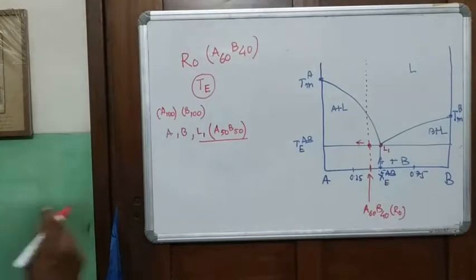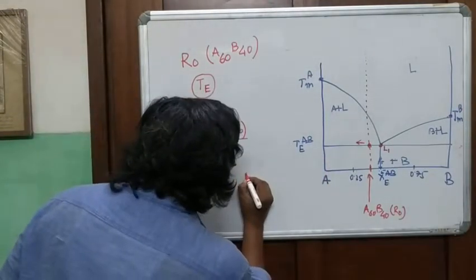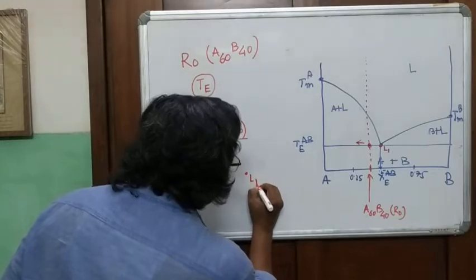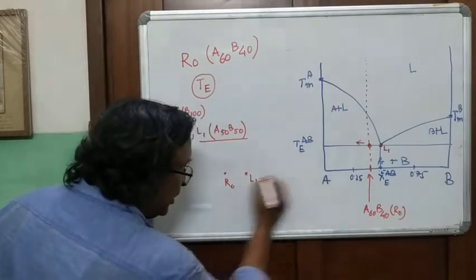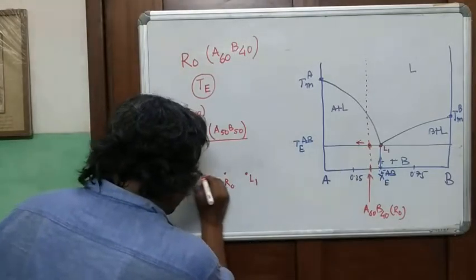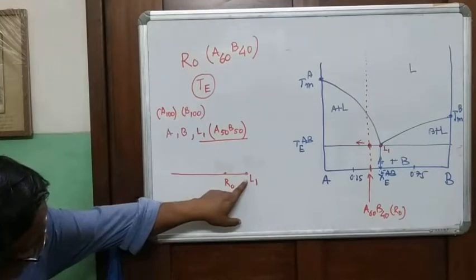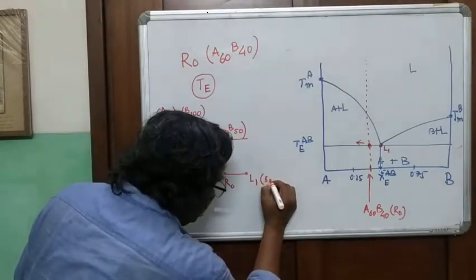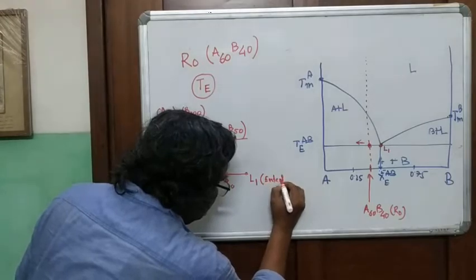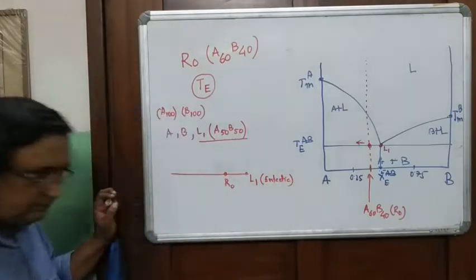So now, it is something like this. This is our L1. This is R0. I'm drawing this line here. And this is the line. This is the first melt L1 that it produced, or at the eutectic. And this is our initial R0.